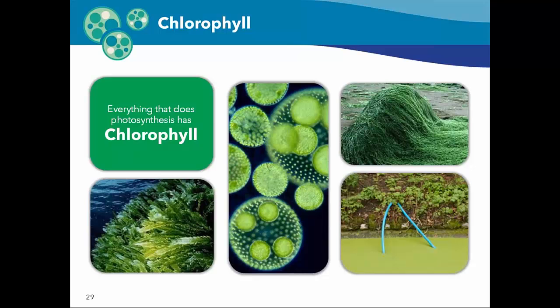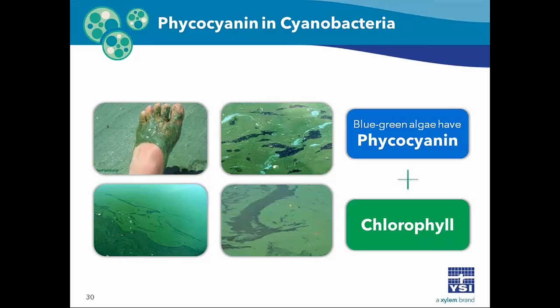It matters because chlorophyll is found pretty much in everything that does photosynthesis. There are a few exceptions to that in the bacterial world, but basically if it's green, it has chlorophyll if it's doing photosynthesis. But phycocyanin is found mainly, albeit not exclusively, in blue-green algae. So they have chlorophyll and phycocyanin just like I showed you. I'm not showing here that some also have phycoerythrin.